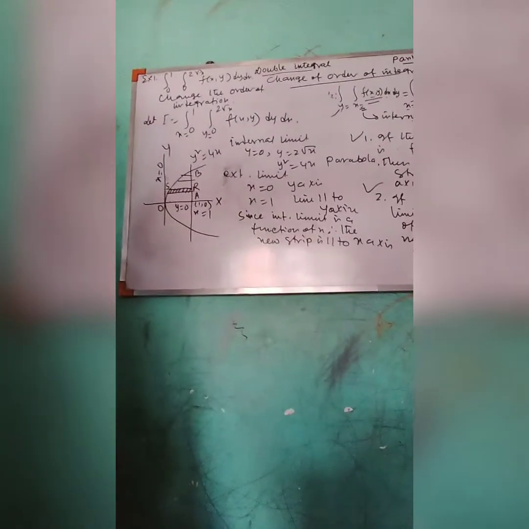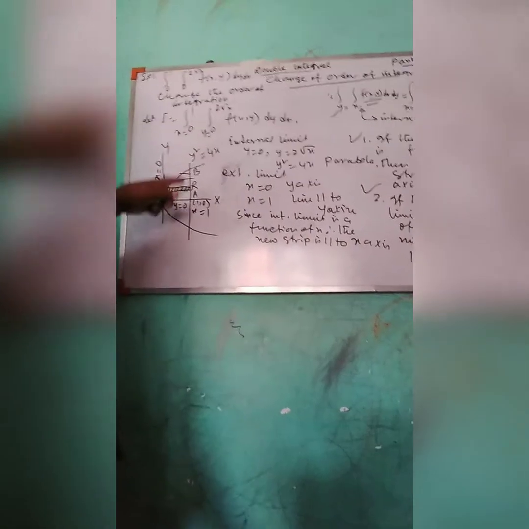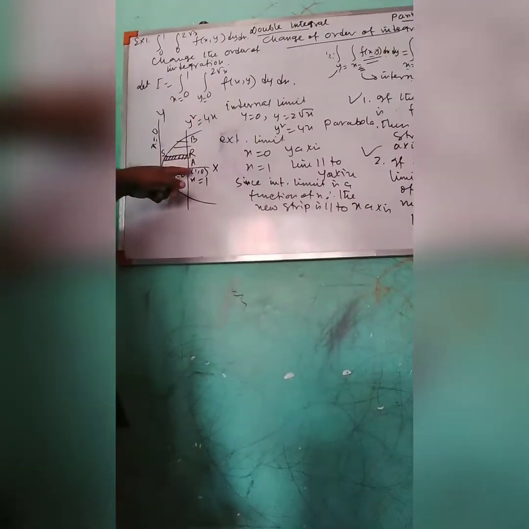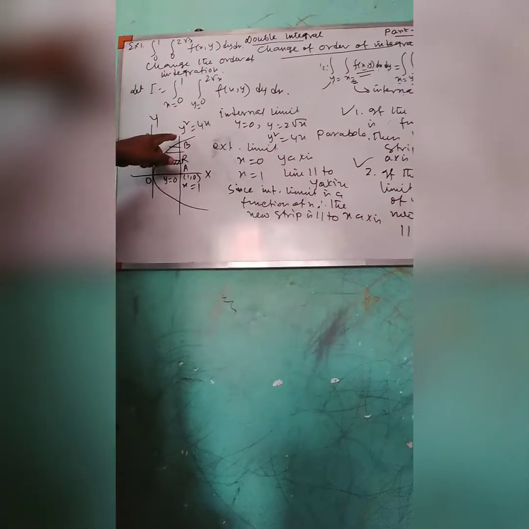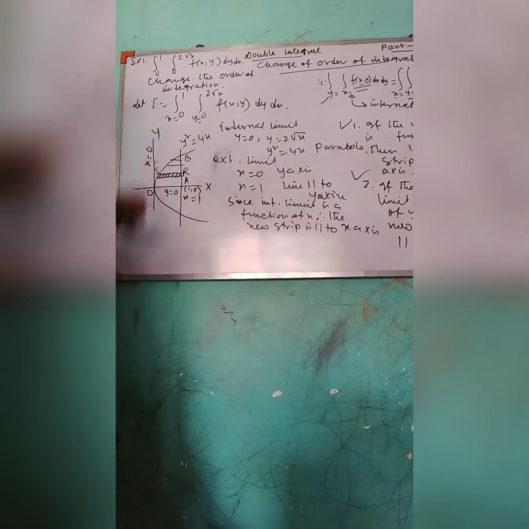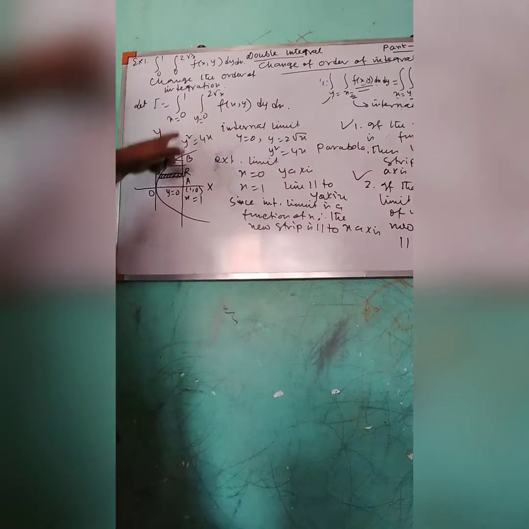How to find OAB? By changing the order of integration. So now we need A, we need B. B is not given. How to find B? B is the point of intersection of the parabola and the line x equal to 1.